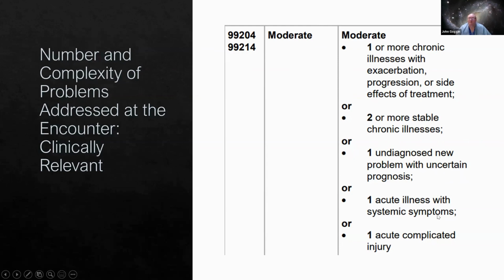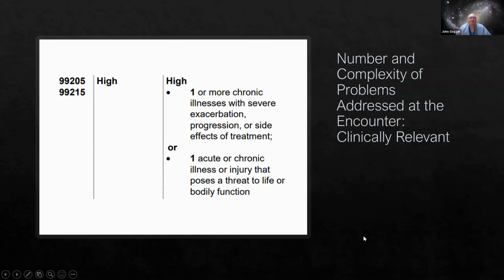An acute illness with systemic symptoms. So cellulitis would be a good example of this. An acute and complicated injury, again, like an unstable ankle fracture, calcaneal fracture, something of that nature. Level 5, again, 1 or more chronic illness with severe exacerbation, progression, side effects of treatment.